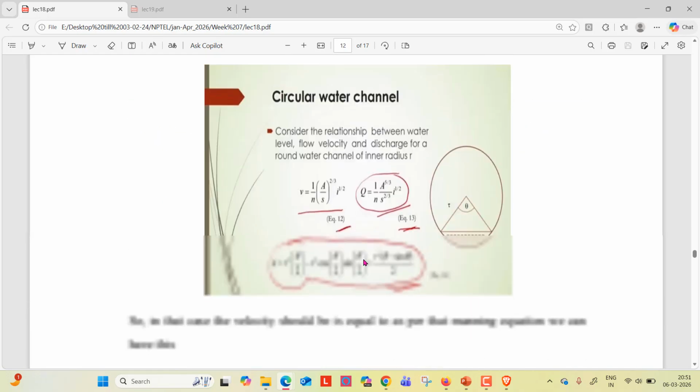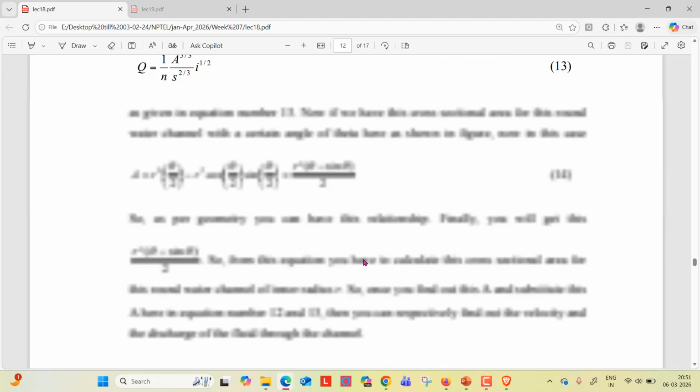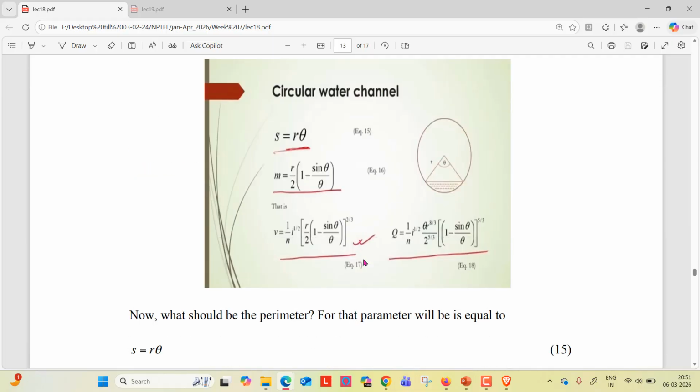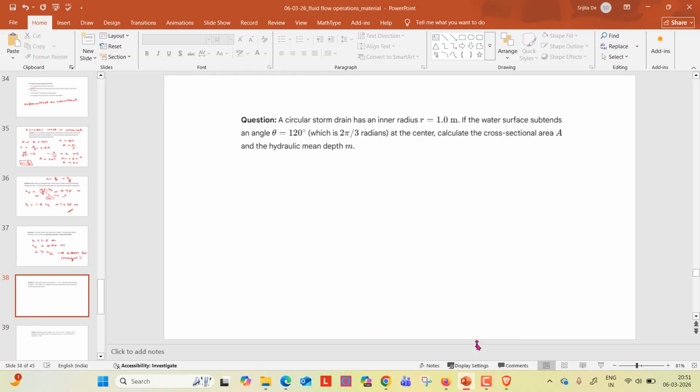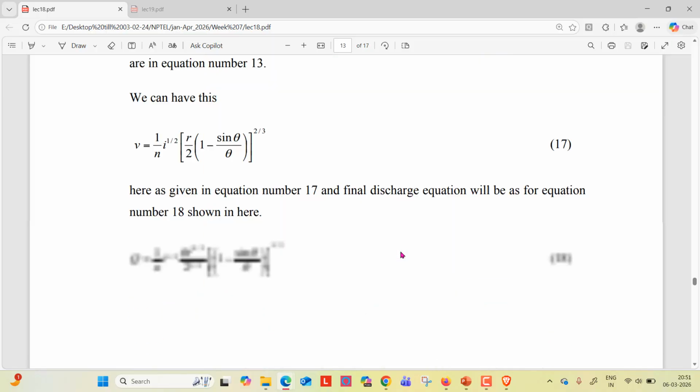See, this is the circular channel, right? So cross-sectional area equation is given by, we have to see it because we have not remembered the expression.